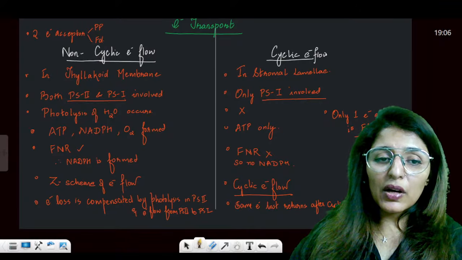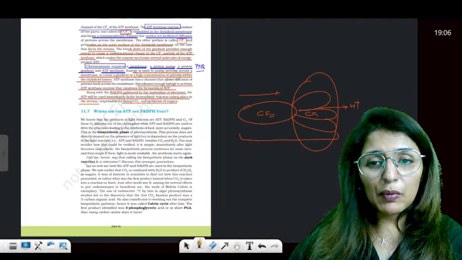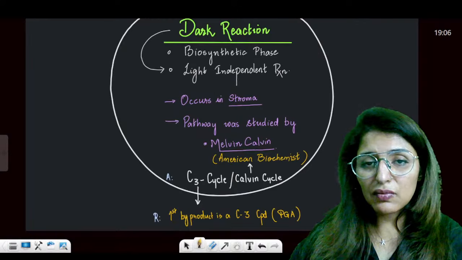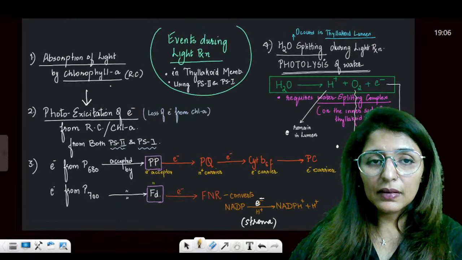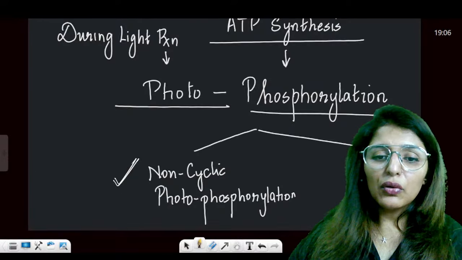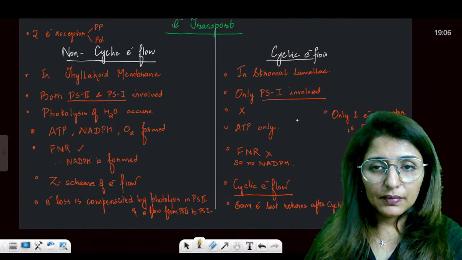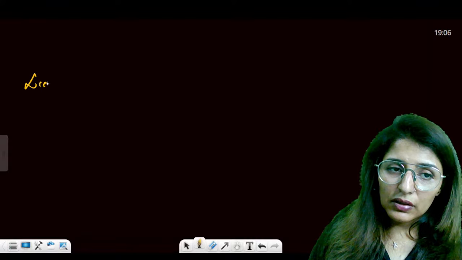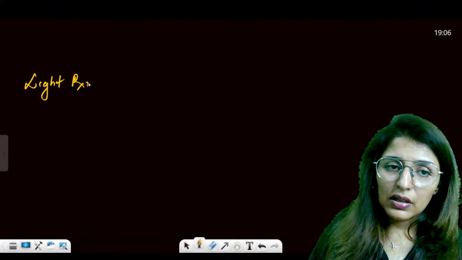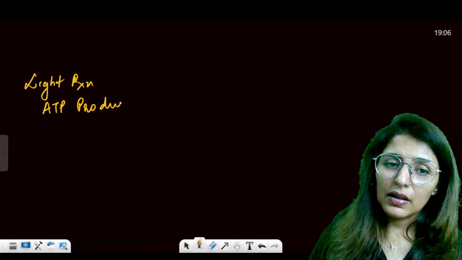So the ATP production which occurs during this phase will be known as, see here, told you. All right, let's move again. So during the light reaction, ATP production will take place, right?